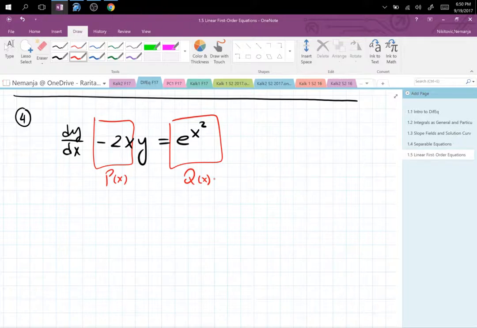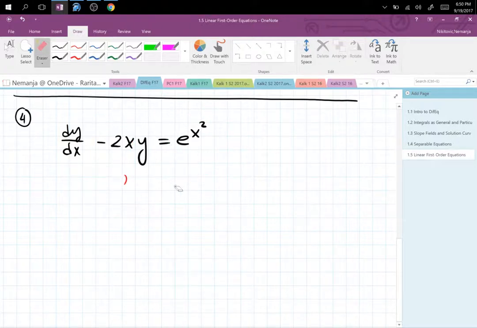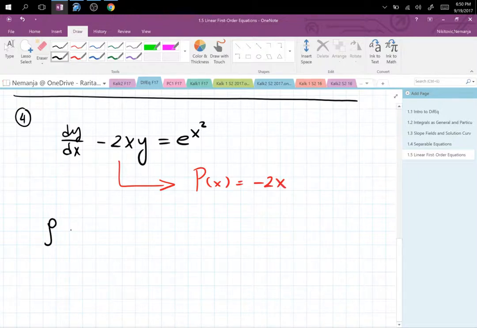Observe that for p of x, the formula has plus, so your p of x is negative 2x. So make sure you are extracting correctly. So p of x is going to be negative 2x. We know that the integrating factor rho of x, I just gave you that formula. Those of you interested, derive it. It's e to the integral of p of x, which is negative 2x, dx, which is e to the, and now the integral of this is going to be negative x squared.